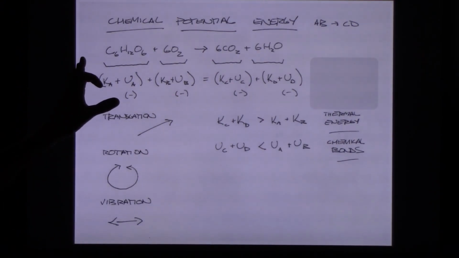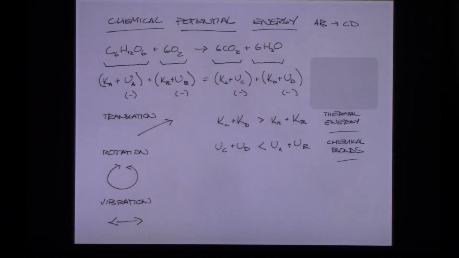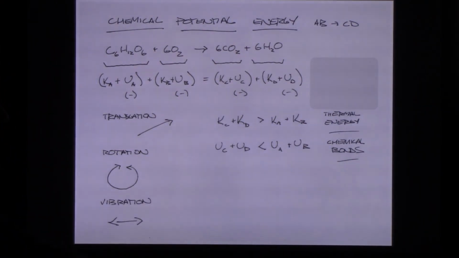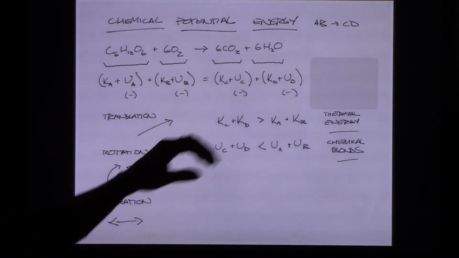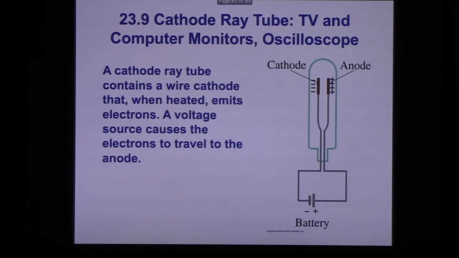So if I look at all the kinetic energies and potential energies of these molecules, overall the potential energy, the electric forces, have an overall lower potential energy, and that means the kinetic energy of those molecules will be higher, and that's the release of chemical potential energy into kinetic energy. The molecules are moving faster, things are at a higher temperature.